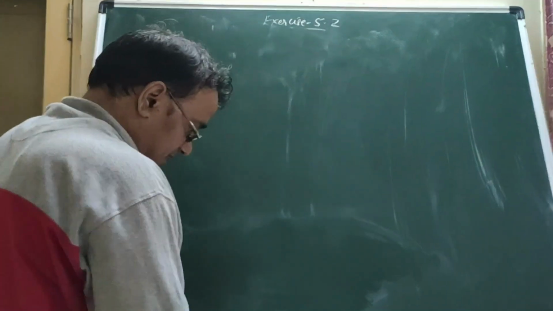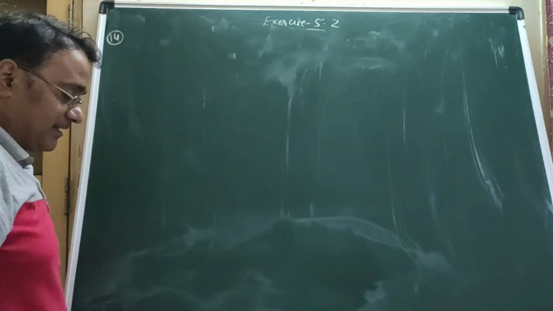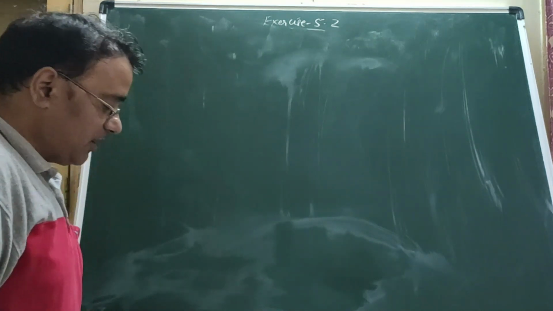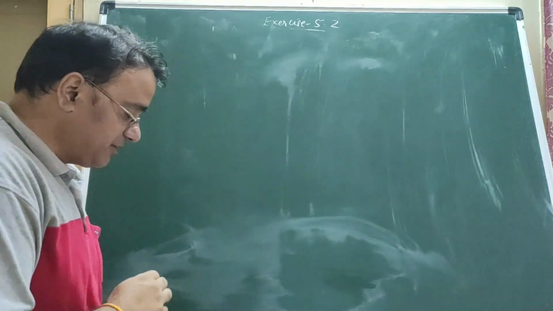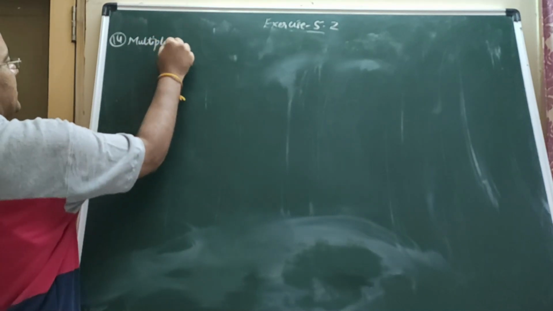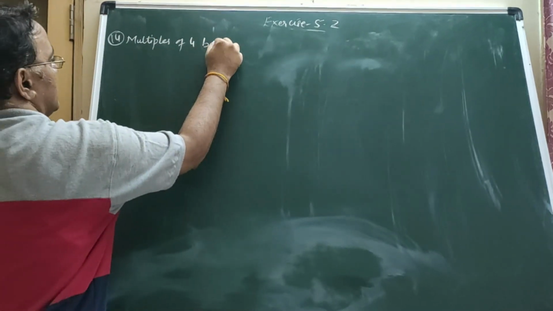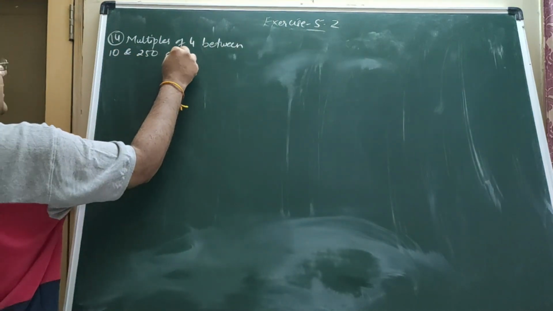Okay. Now question number 14. I'm reading the question. How many multiples of 4 lie between 10 and 250? So multiples of 4 between 10 and 250 are.